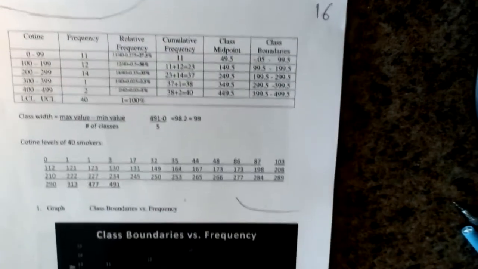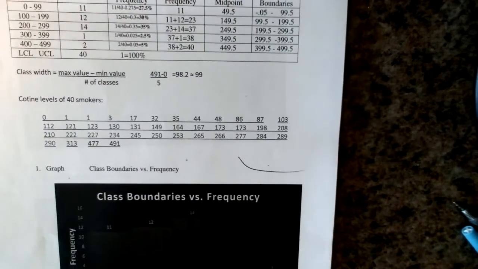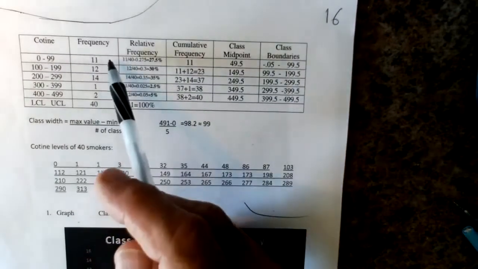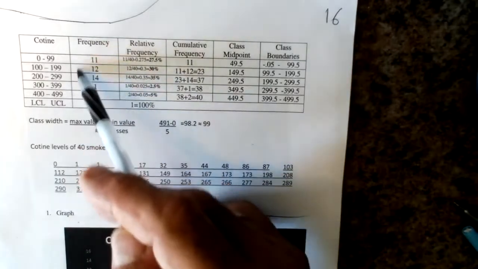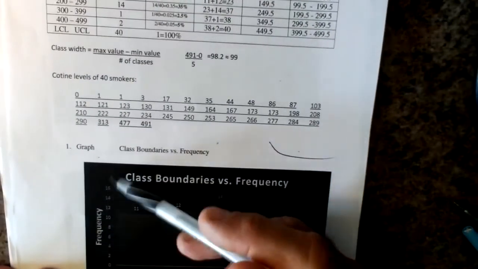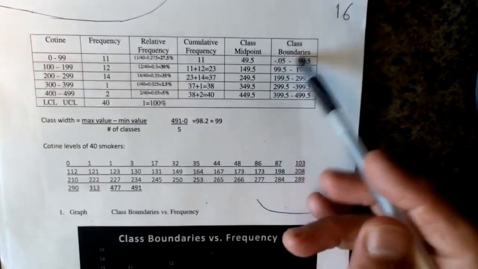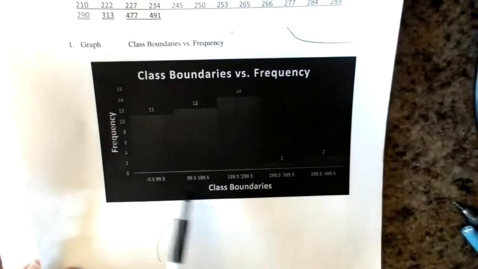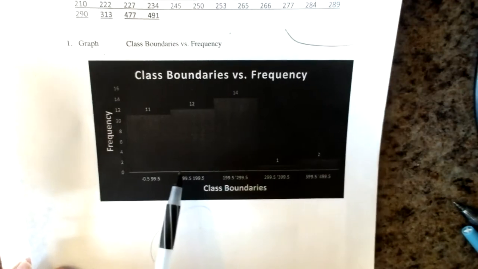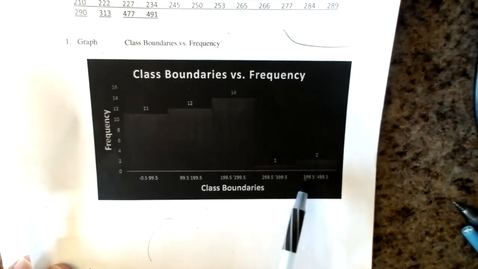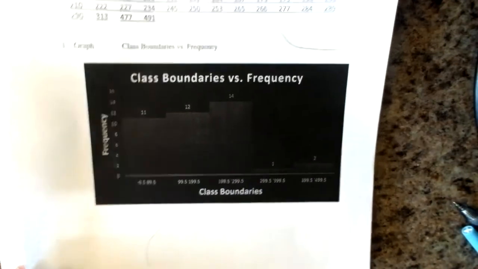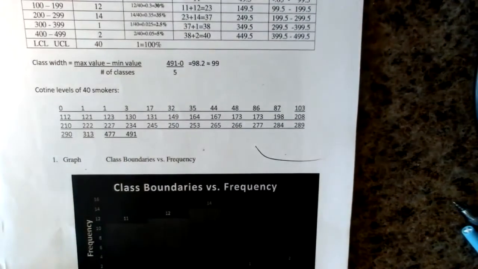And then, like here, they ask you to find class boundary versus frequency, which means they want us to take this column and put it here, and class boundaries and put those numbers here. So when you graph it, you don't see any gap.